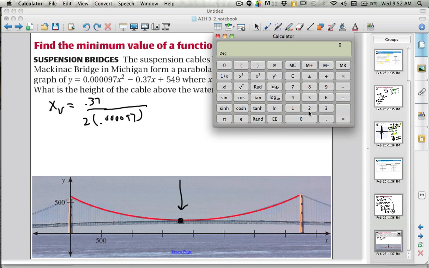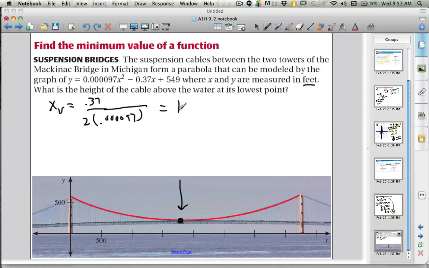So I'm going to take 2 times 0.12347 equals, I need to make it a denominator, so I'm going to use this key to invert it, so I can multiply it times 0.37. 1907.22. I'm going to use that, okay? Once I know the x-coordinate of the vertex, I need to plug it into this equation.